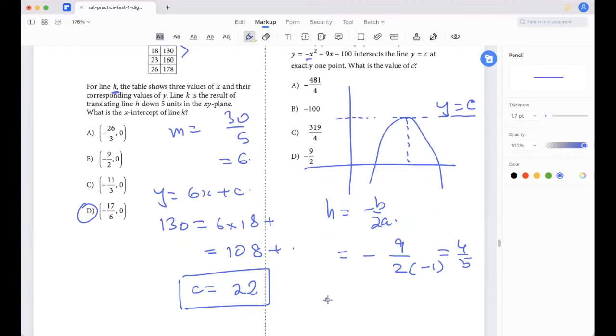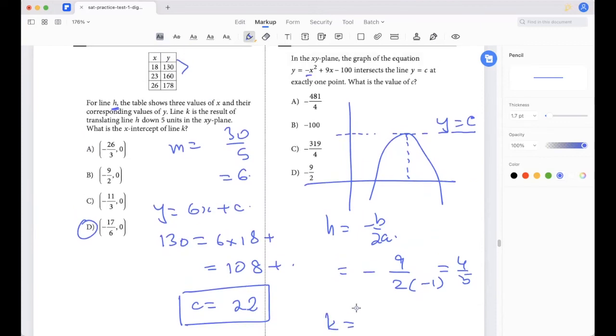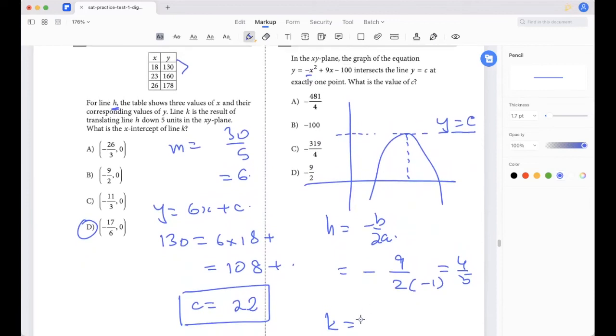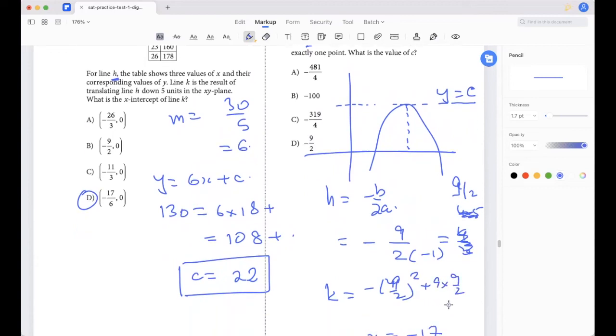And so the y coordinate of the vertex, I will simply put x equal to 4 by 5 in the equation. So minus, wait, what am I doing? 9 by 2 is 4.5. So I can just keep it as 9 by 2 actually, because the options are in fractions. So minus 9 by 2 squared plus 9 times 9 by 2 minus 100, right?